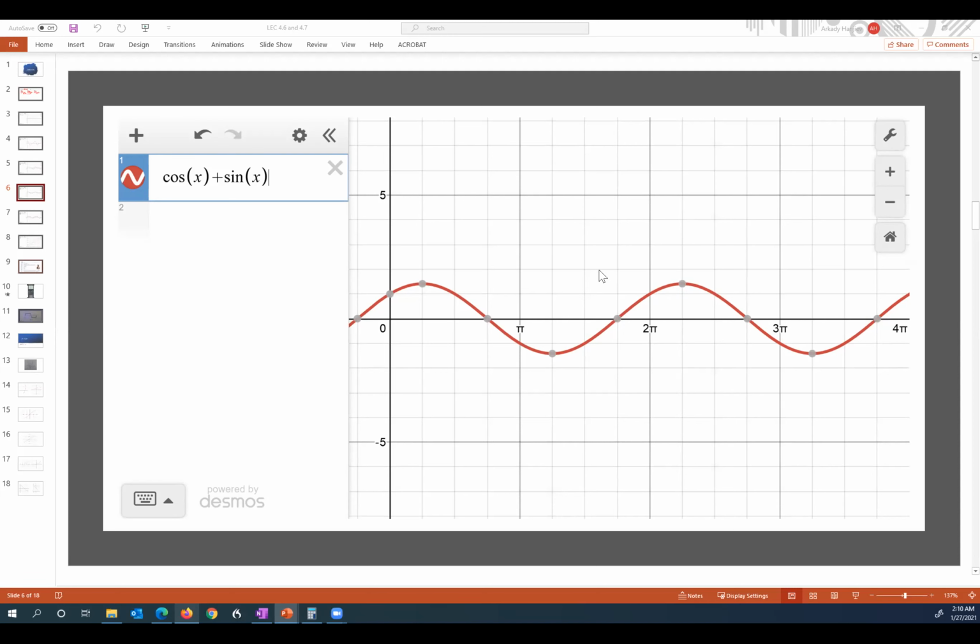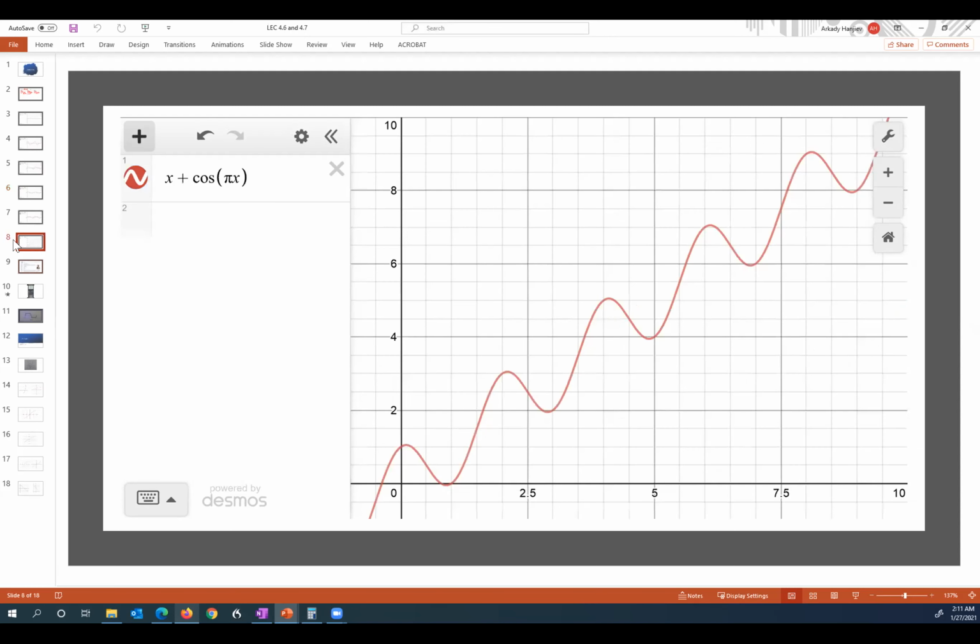Okay, so now let's go back to that little linear form. This will be the last graph here. So graph for me x plus cosine of pi x.